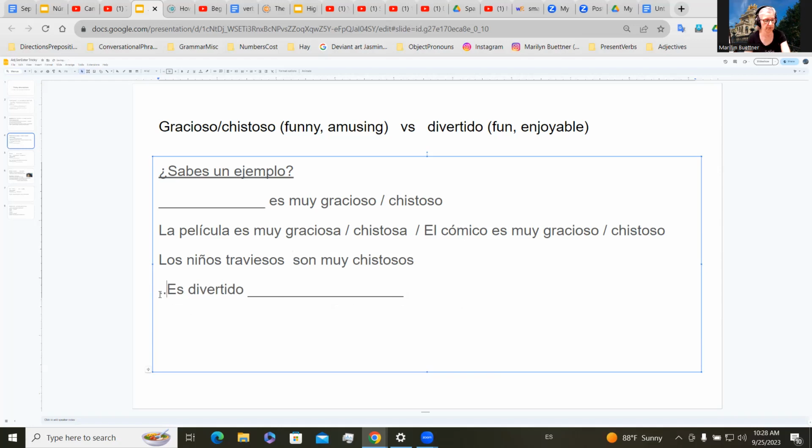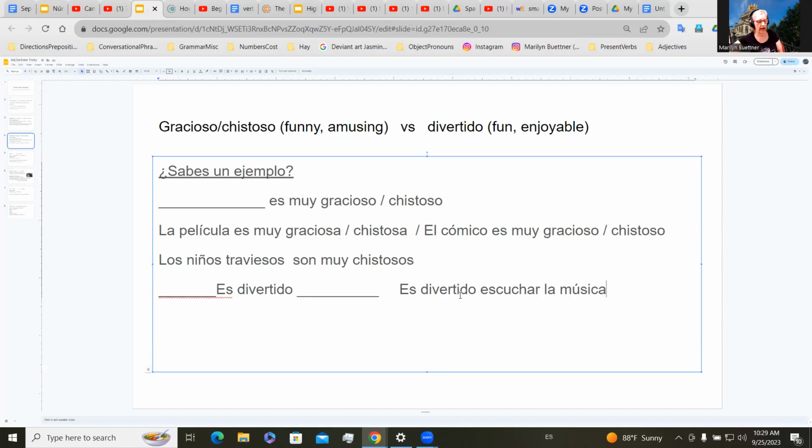We could also say, es divertido escuchar la música. Perfecto. Muy bien. And we don't do anything with escuchar because it talks about the act of listening to music.